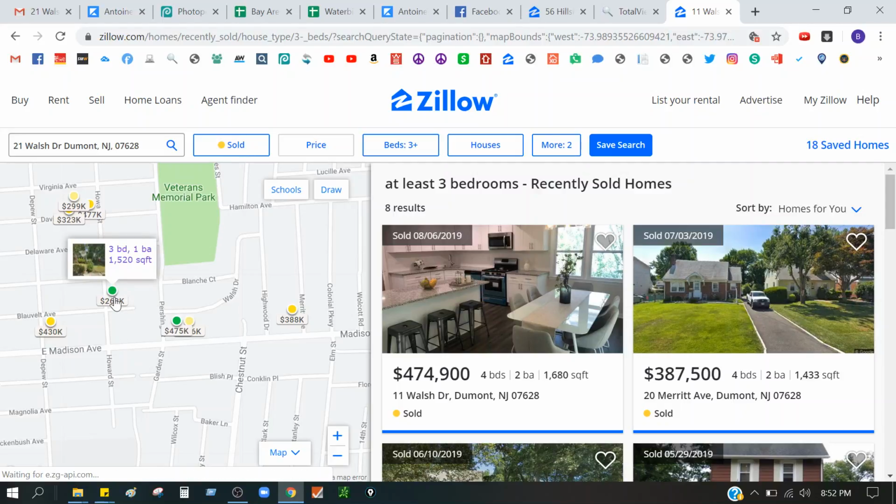Like this one right here, that's a cash buyer. That one right there, that's pretty much a cash buyer. These ones are more like retail buyers. You can see they pay retail. So you can kind of tell this is half off. This one right here was a cash buyer. Okay, so that's how you find your cash buyers.